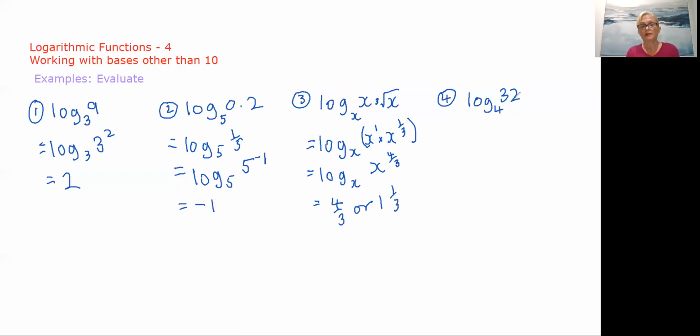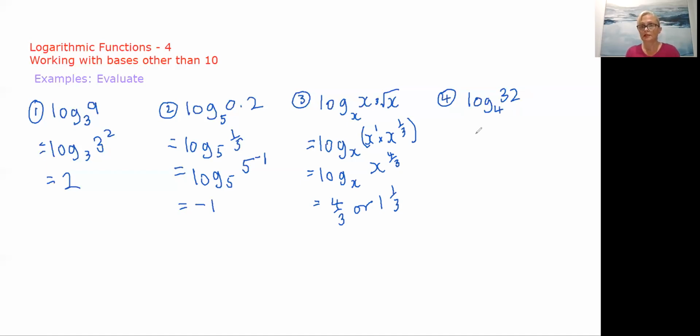Now, the limitations of this method will start to become apparent with example 4 here. What do I raise 4 to give me 32? Now, 32 is not an integer power of 4. However, we know that 4 is 2 to the something and 32 is also a power of 2.